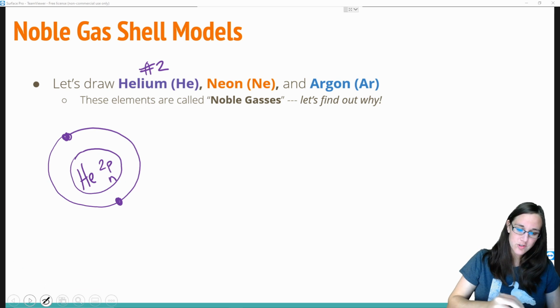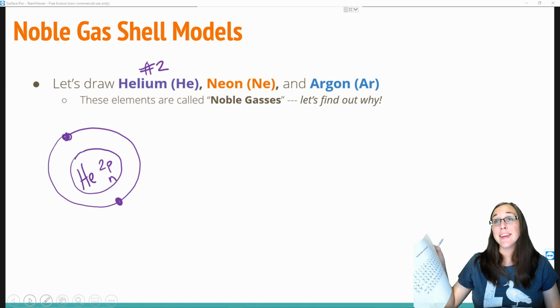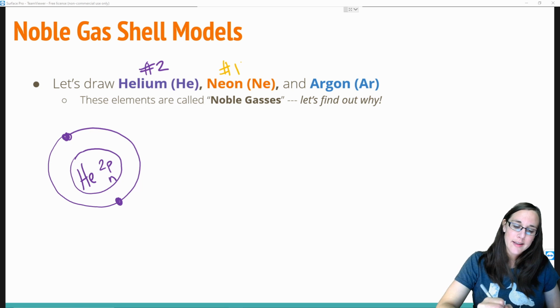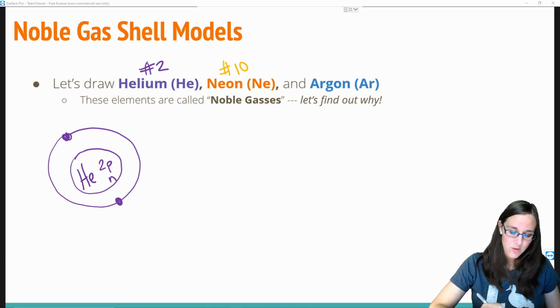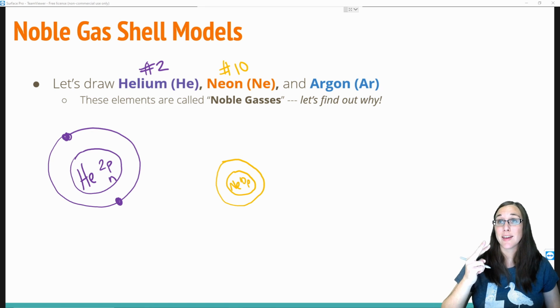Okay, let's try neon. Neon is number 10 on the periodic table. So we know that it has 10 protons and 10 electrons. Drawing the nucleus, we have Ne, 10p, and in the first ring, we've got 2 that can fit there.